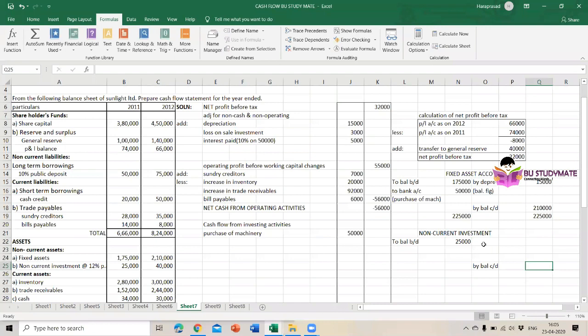Okay. Then in the adjustment, it has been given that the investment has been sold. Let me see: the non-current investment costing 25,000 was sold at a loss of 3,000 rupees. Then we have made a sale. How much? 25,000 minus 3,000 is 22,000.